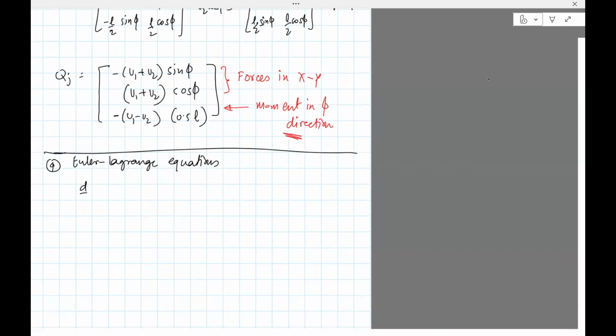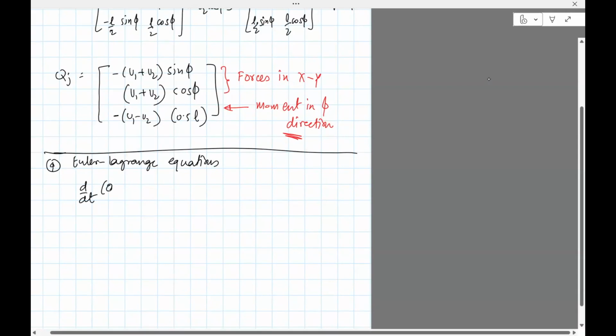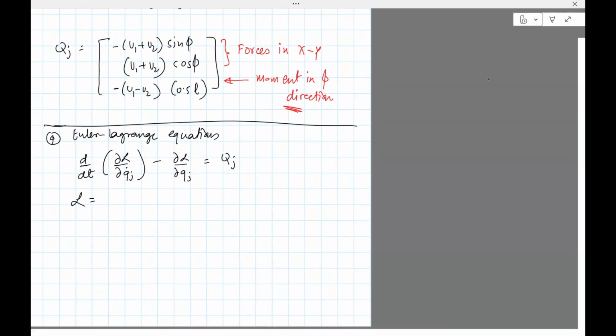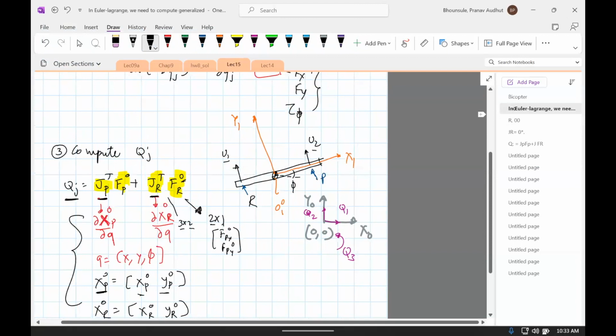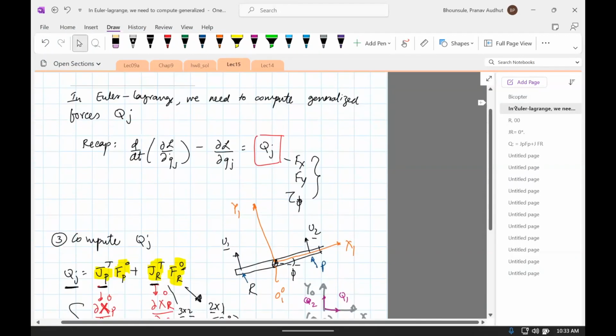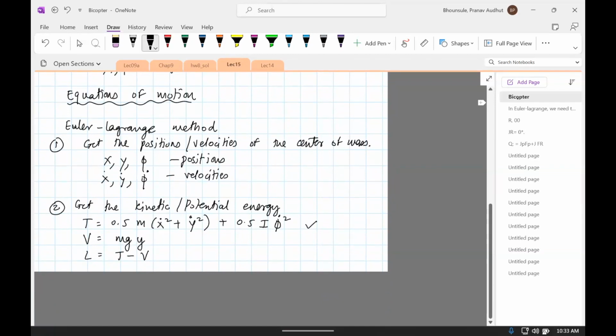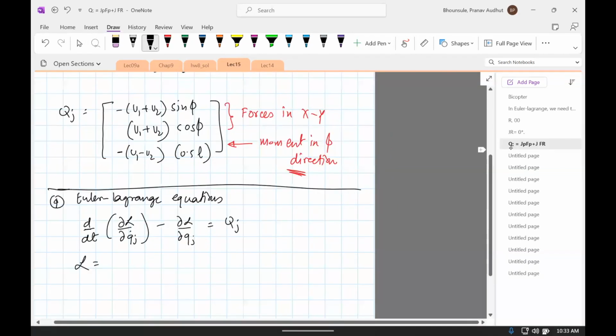Well, it is d/dt of dL/dq_j dot minus dL/dq_j equals capital Q_j, where L is something we wrote down earlier, right here. And this is T, this is V. I'm just going to sub that in.